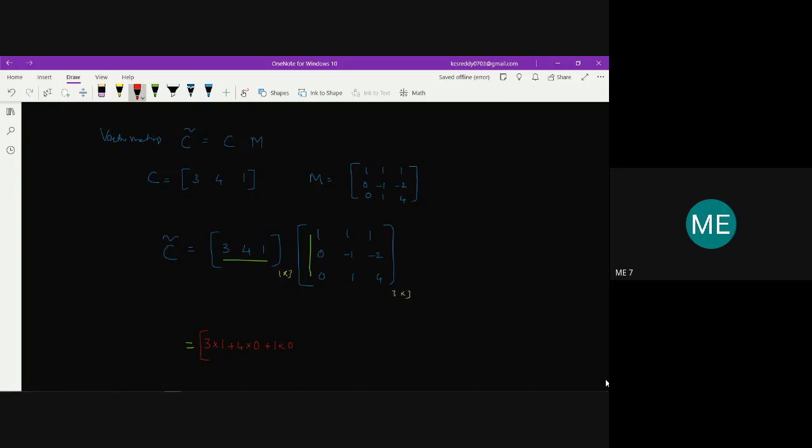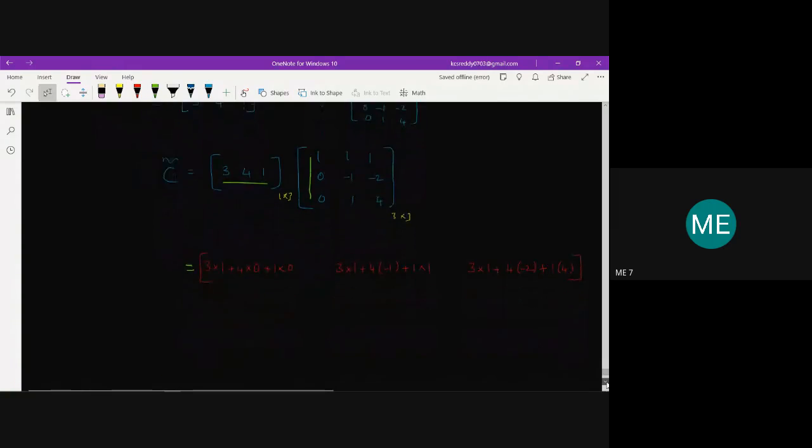Then the second element, same row, second column: 3 into 1 plus 4 into -1 plus 1 into 1. Then same row and third column, the third element we need to find out: 3 into 1 plus 4 into -2 plus 1 into 4. So this is the matrix which I have got, the resultant of 1 by 3 C matrix.